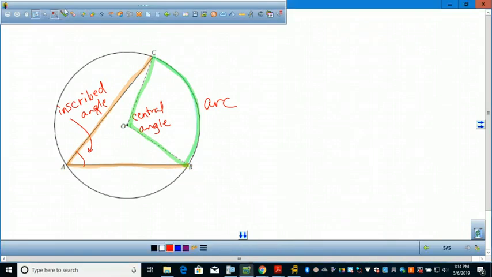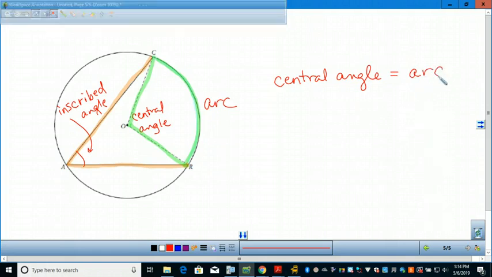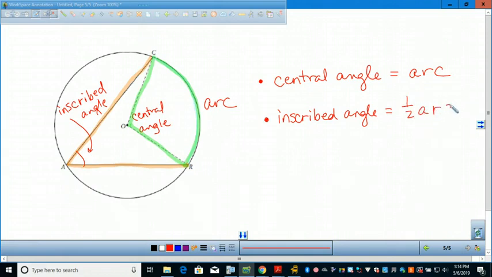So what you need to know is that the central angle equals the arc. But the inscribed angle equals 1/2 of the arc.